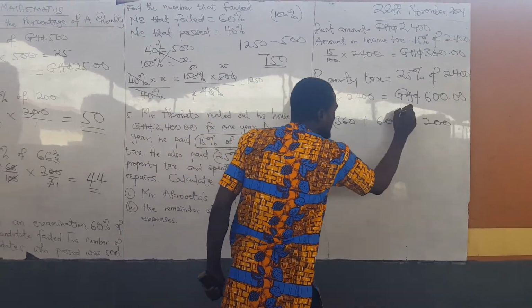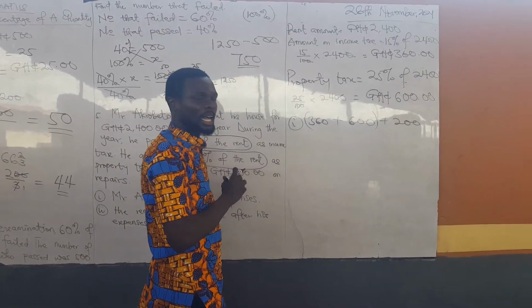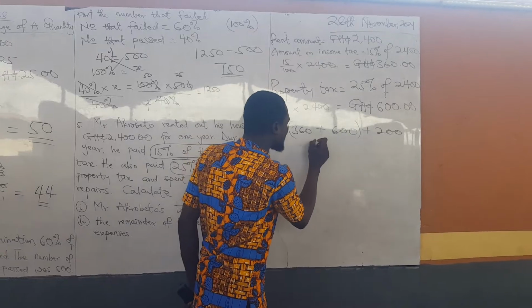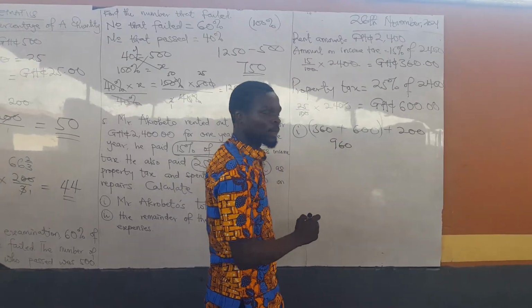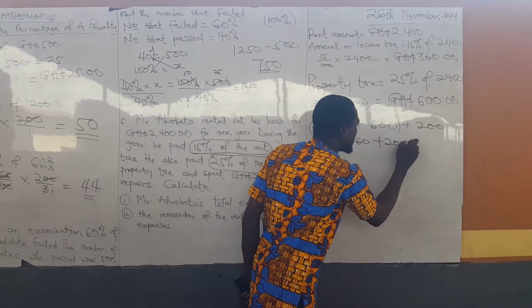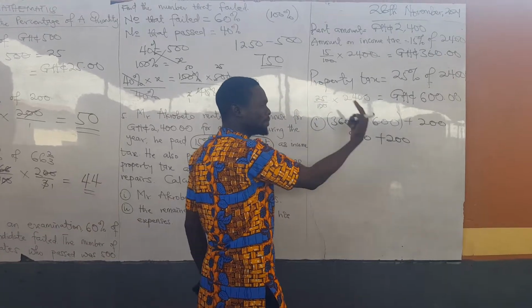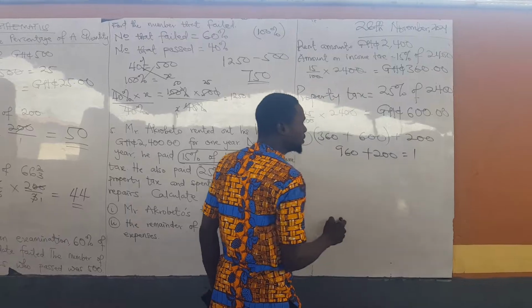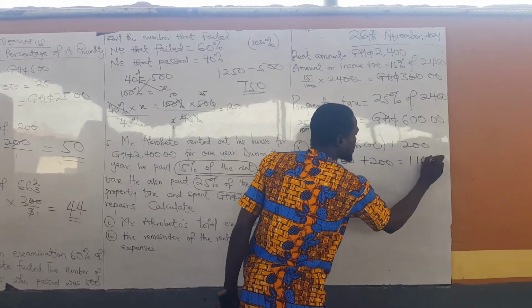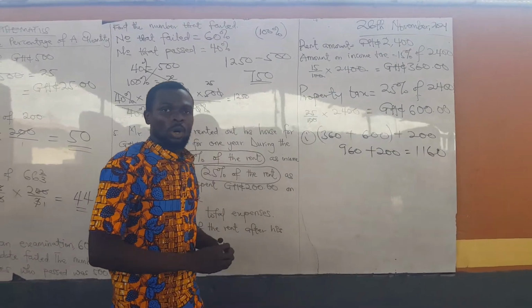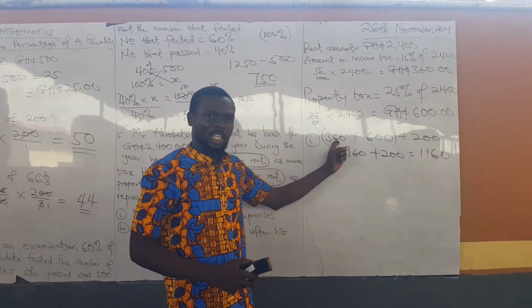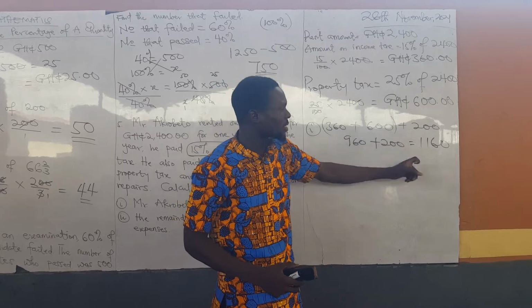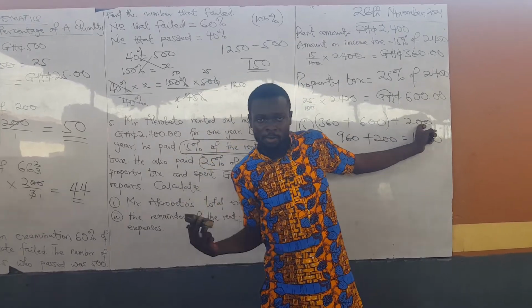Let's group them into two this way. 360 plus 600 will give us 960, plus 200. 200 plus 960 is going to give us 1,160.